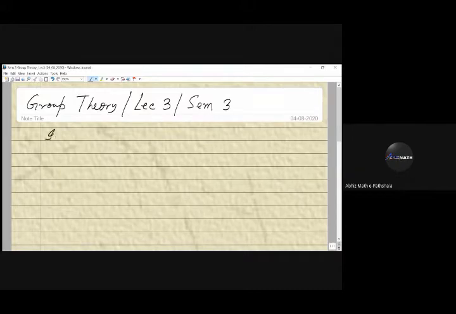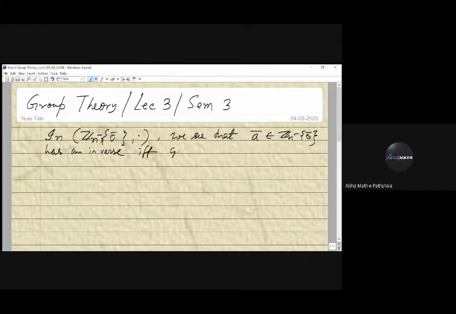That in Zn minus 0 class dot, we see that a class belongs to Zn minus 0 class has an inverse if and only if GCD of a comma n is 1, right?